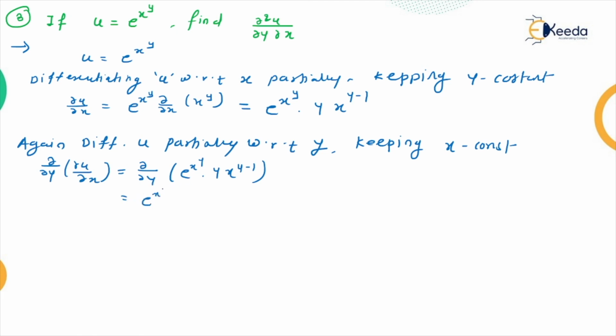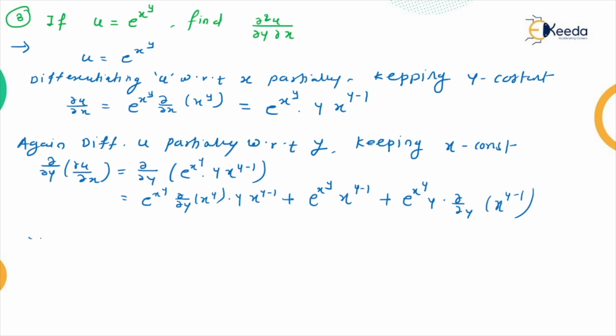So first e to the power x raised to y as it is, into ∂/∂y of y x raised to y minus 1, where x is treated as a constant, plus e to the power x raised to y into y x raised to y minus 1 into ∂/∂y of x raised to y, because x is treated as a constant.